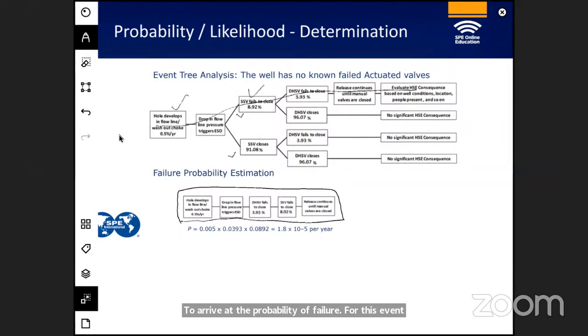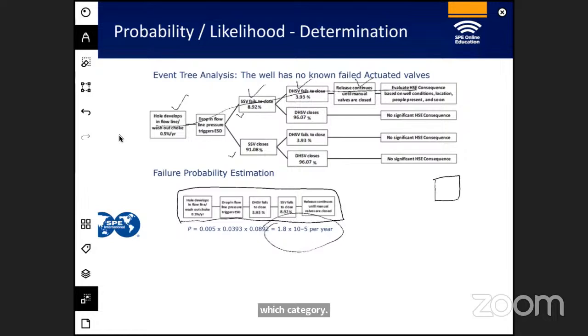Because this fails, this fails, this fails, this fails, and then the actual failure event happens. This is the probability of the event, and in the risk matrix we see under which category this probability falls. That will be the probability of failure, and together with the consequence, probability and consequence will give the risk level for us.